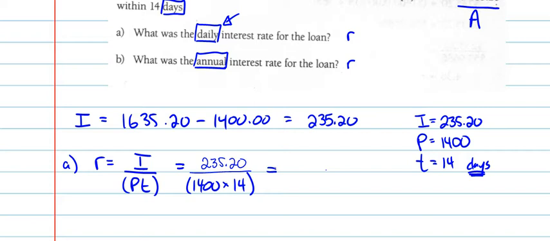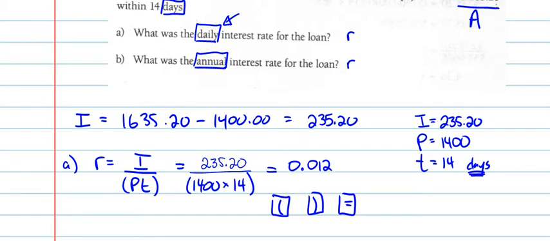So plugging it into our formula, we are going to put in 235.20 divided by, then we are going to use our open bracket and type in 1,400 times 14, close bracket, and then hit the equal sign to get our answer of 0.012.